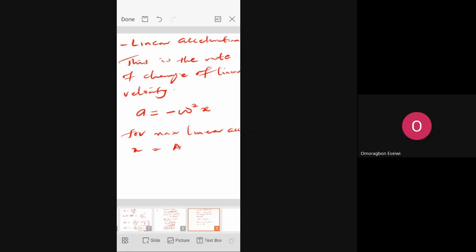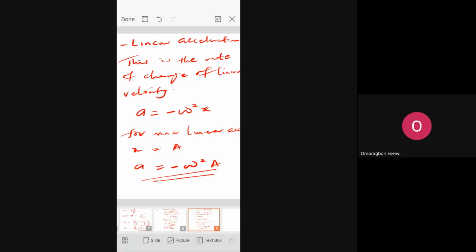So we can write the equation as a equals minus omega square A. But if it is not the maximum linear acceleration you are looking for, you'll be given the position, the distance of the object from where it is to the mean position. It will always be given. If it's not given, there's no way you can solve the problem. X must be known. Then for the minimum, of course, if x is 0, the acceleration is 0.